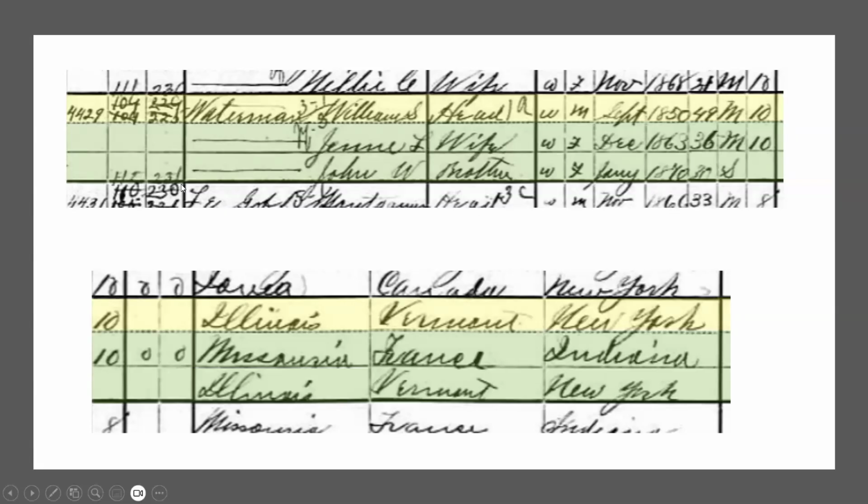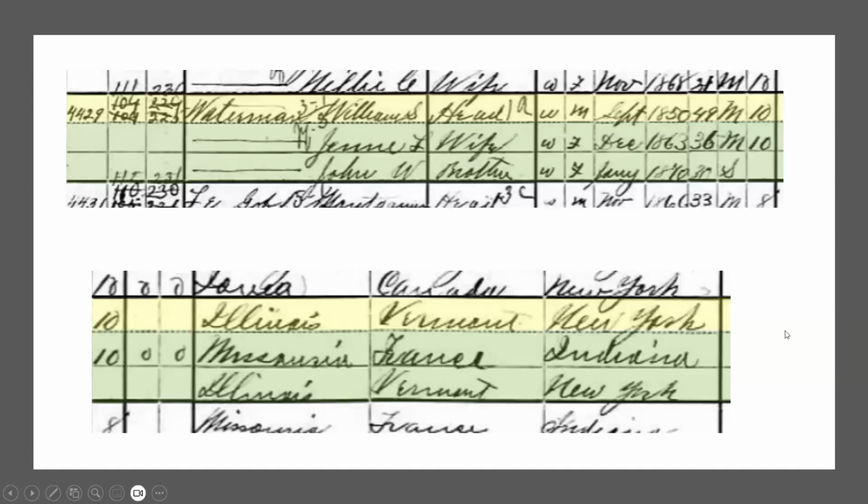Now, I've wondered whether it's his wife's brother, but if it were, you'd think that instead of, these are where William's parents were born, Vermont and New York, and it's the same for John. Now, it could be the census taker just assumed it was William's brother and just filled those in instead of France and Indiana. But this is a real puzzle.